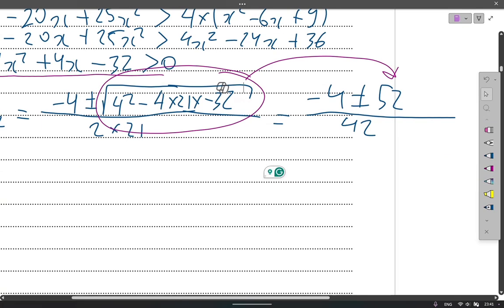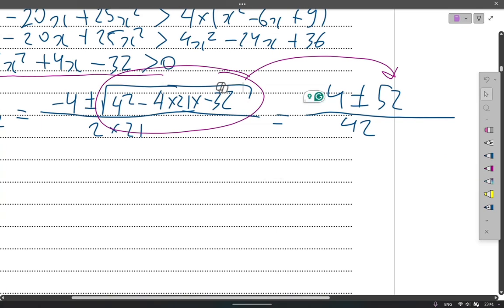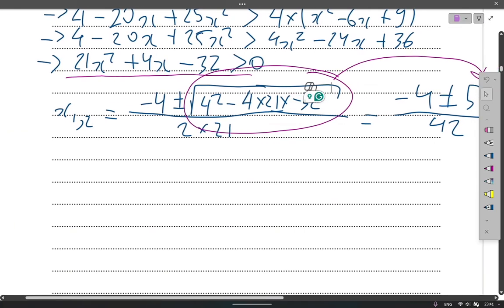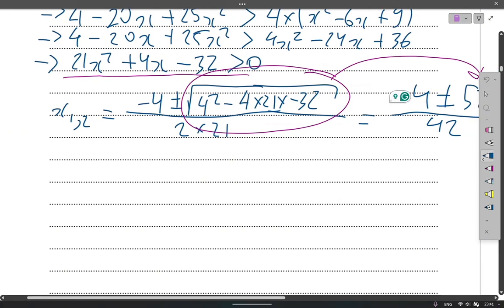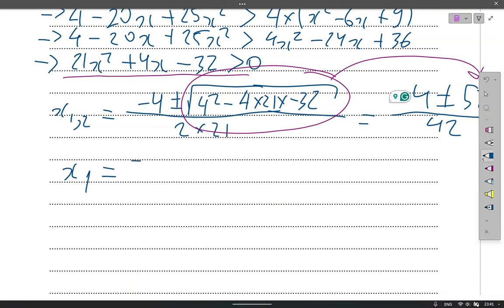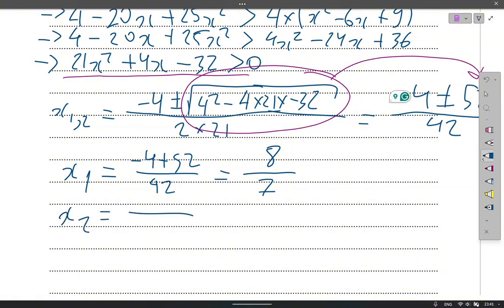If you do it on your calculator, it gives 52 as a result. Which means solution 1 is this one. If you simplify, this one is just 8 over 7, and the second solution gives us this one.